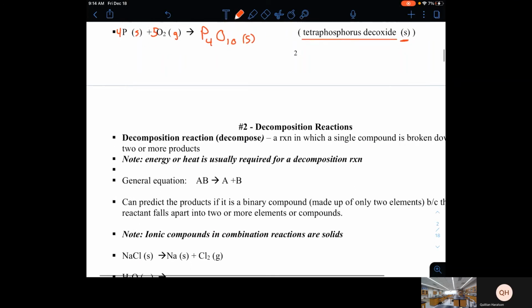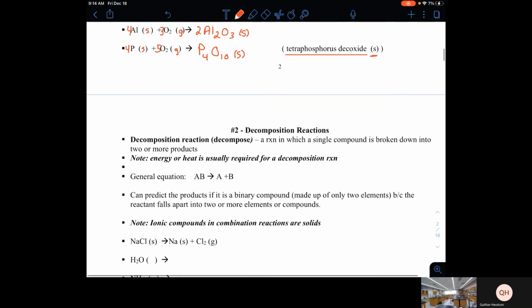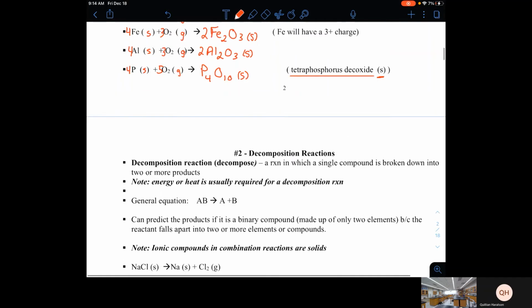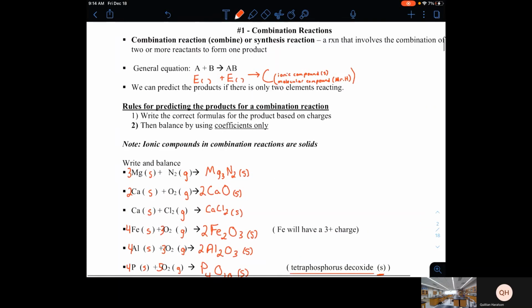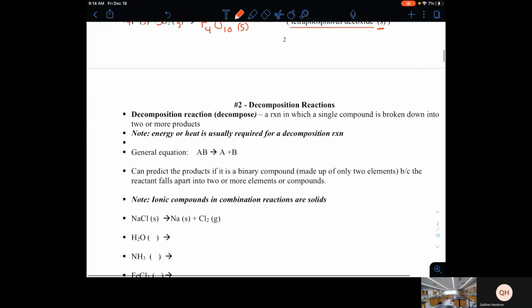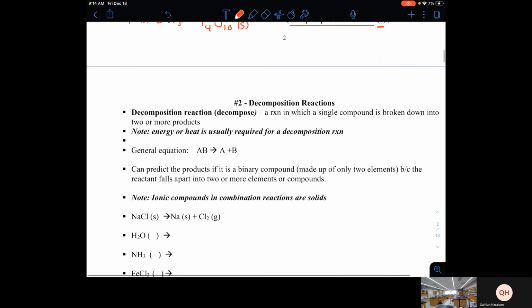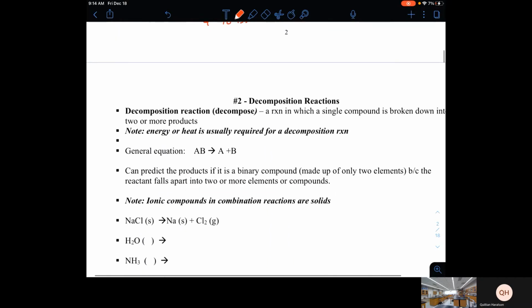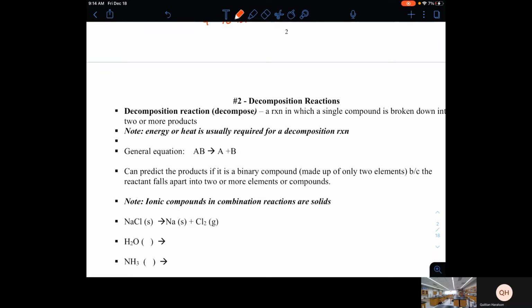Now, a decomposition reaction, if you look at it, is just the opposite of the combination reaction. If we go back up here and look at it, combination is A plus B yields AB. Decomposition, AB now breaks apart to produce A plus B. If you think about something decomposing, like an animal that's decomposing, it started off as an individual animal, and now it's breaking apart into smaller pieces.